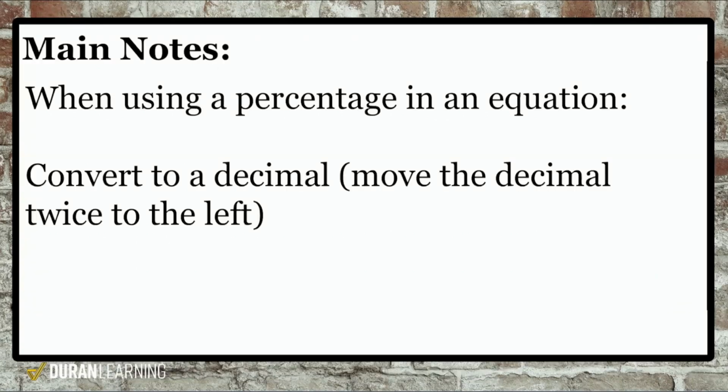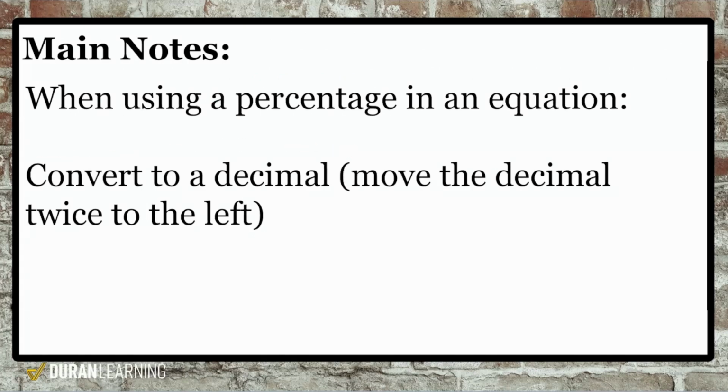So with that, let's move over here to our first set of notes, our main notes. And so let's go ahead and take this down. When it comes to using a percentage in an equation, we know this if we're here in part 2, having already gone through part 1. We know that when we're using a percentage in an equation, we're converting it to a decimal.